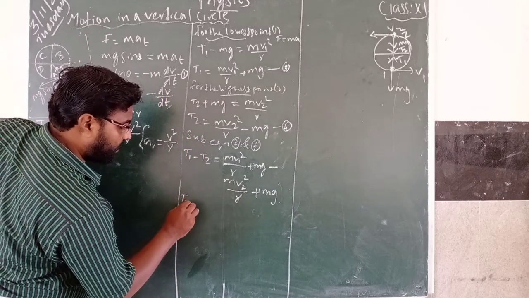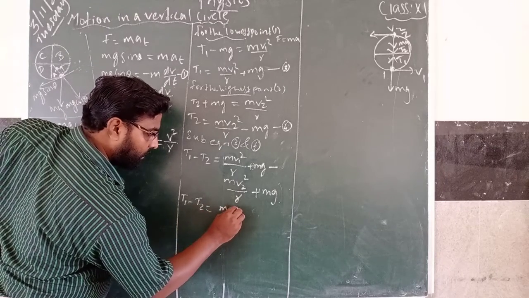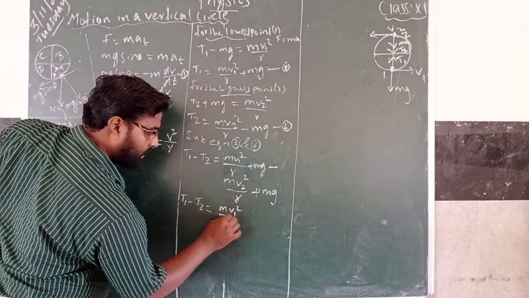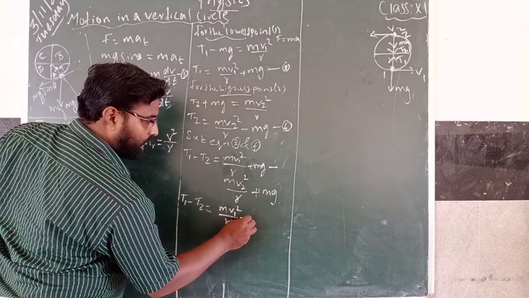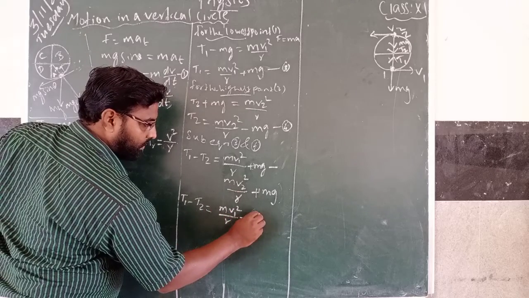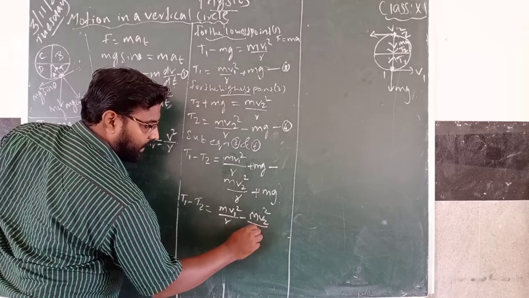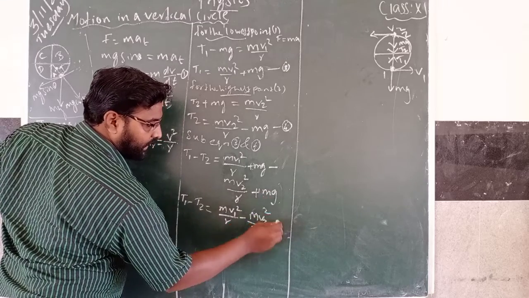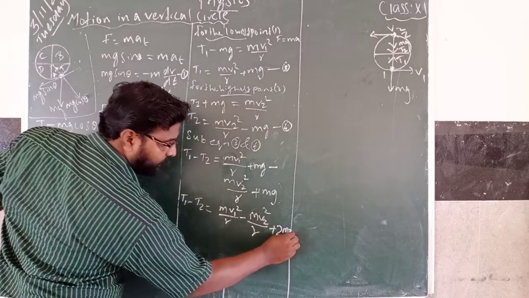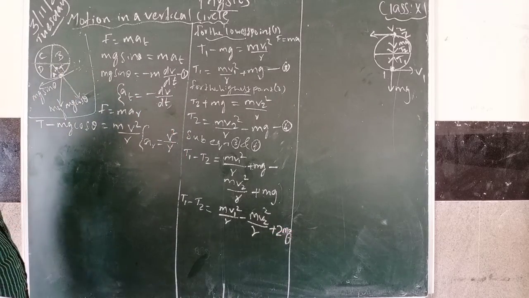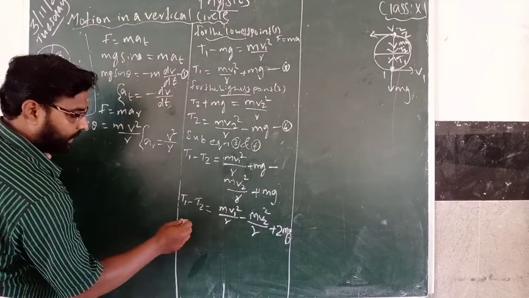So T1 minus T2 equal to mv1 square by r minus mv2 square by r plus 2 mg. From this equation, you can take this m by r outside now.